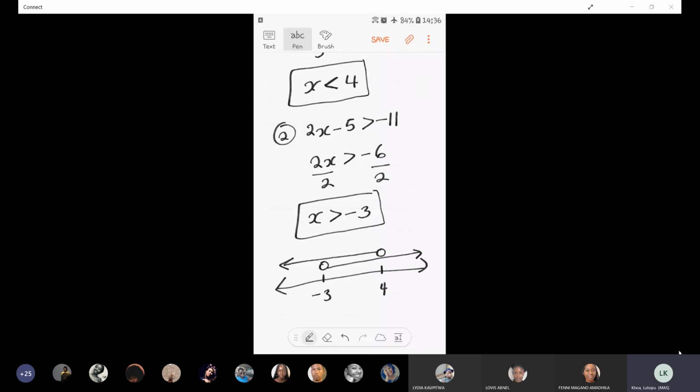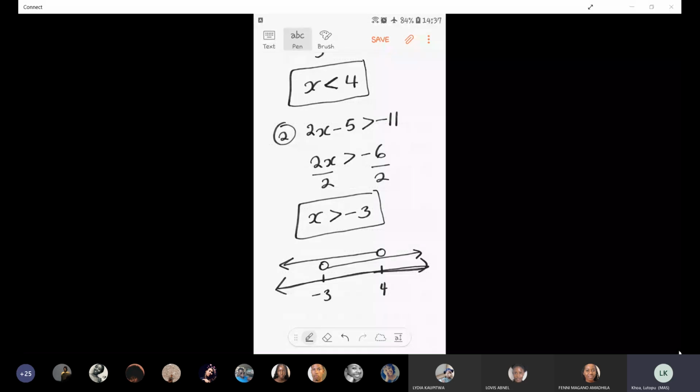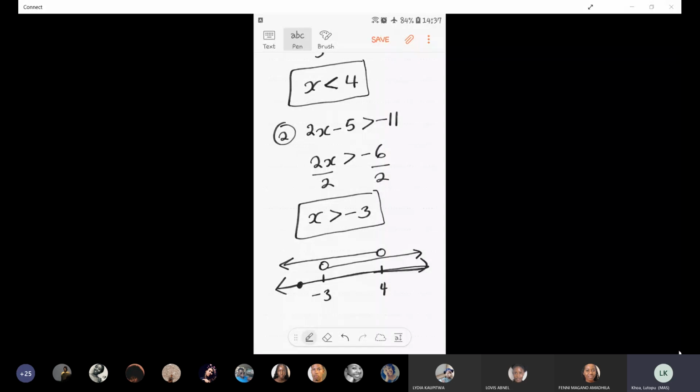Then I pretend I'm standing here on the number line and I look up. The region that is a solution to my problem is the region where when I look up, I see two lines above me. Now, if I am standing somewhere here and I look up, I only see one line. So that is not fulfilling the and condition.